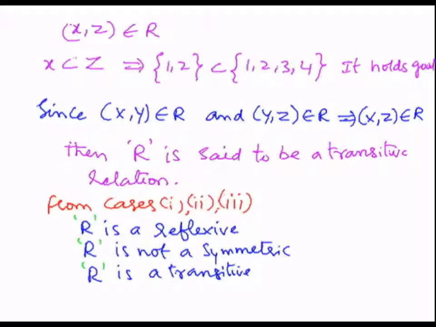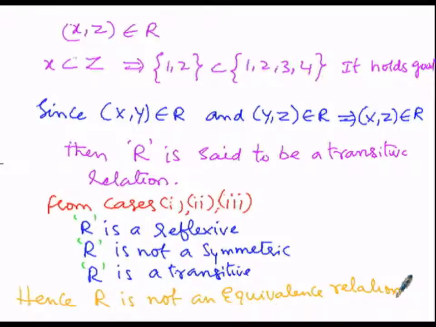So hence R is not an equivalence relation. Or in other words, the relation R, that is a subset of, is not an equivalence relation.